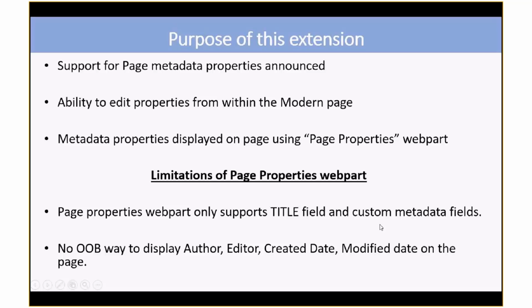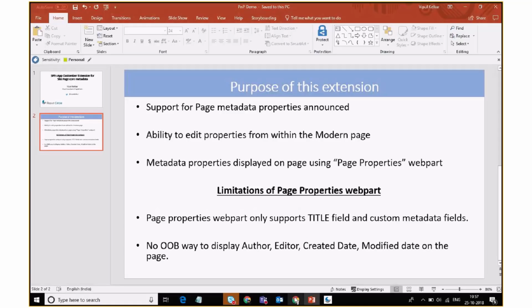It doesn't support displaying the author or the editor or created or modified dates of the particular site page. So I've built this SPFx extension to show this data on the site page itself.